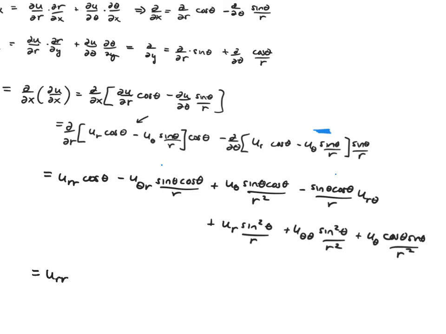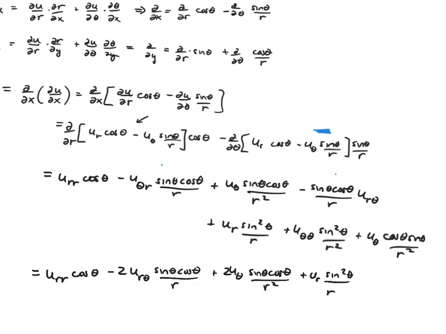u sub r cos theta minus 2u sub r theta sine theta cos theta over r plus 2u sub theta sine theta cos theta over r squared plus u sub r sine squared theta over r plus u sub theta theta sine squared theta over r squared.